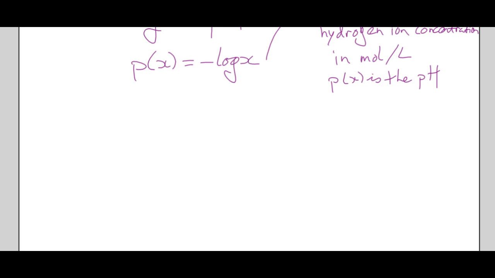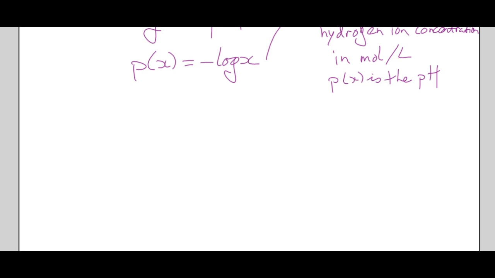Now, how does the pH scale go? It's like backwards: low numbers are acidic and high numbers are basic. You go from about 0 to 14, where 7 is in the middle. It's the Switzerland of pH, it's neutral. Then you go down, you're more acidic, you go up, it's more alkaline.